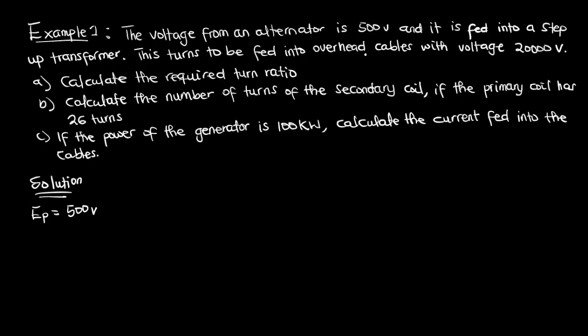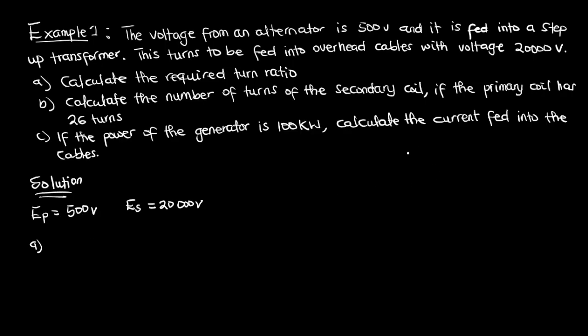It is fed into overhead cables, and the voltage is 20,000. So it means our secondary voltage is 20,000 volts.